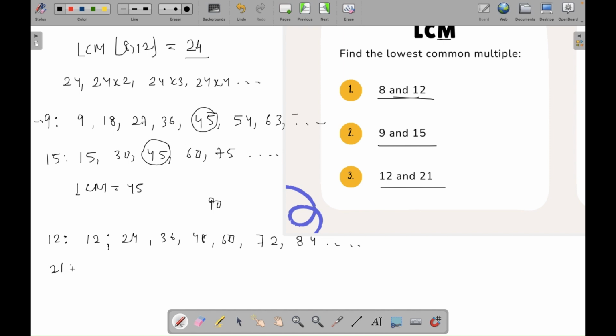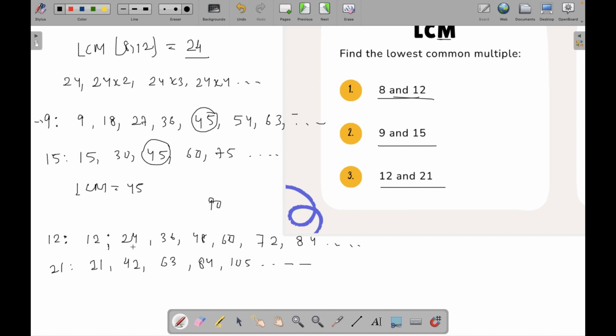Then 21. It will be 21, then we'll have 42, then we'll have 63, then we have 84. And then we'll have 105, and so on.